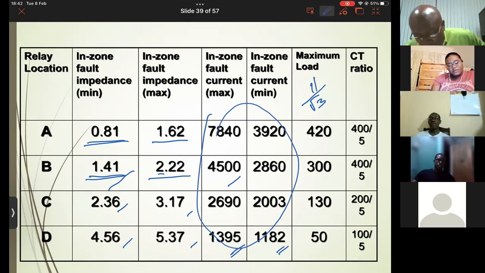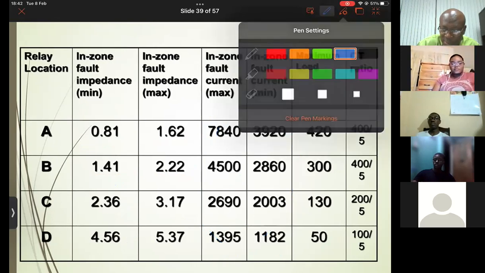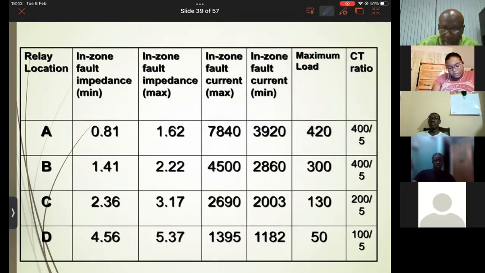All right. Now, the next thing we need to determine in this table, now that we have all the fault and load information, remember we gave you the rule of thumb. We want half minimum fault, twice maximum load.